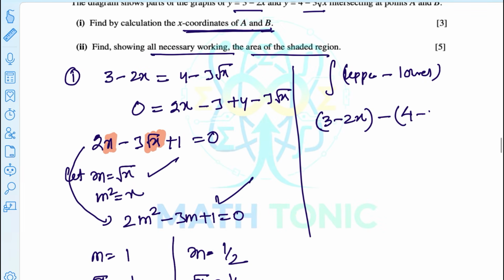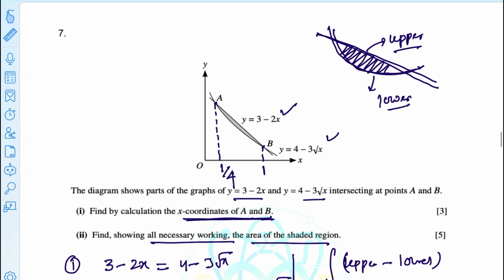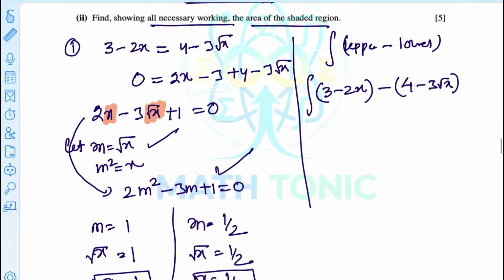And we put the integration, and the limit will be from 1 over 4 to 1. Is it okay? So the limit will be 1 over 4 to 1.